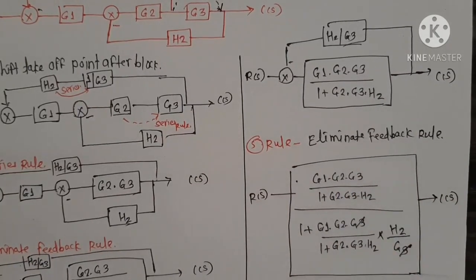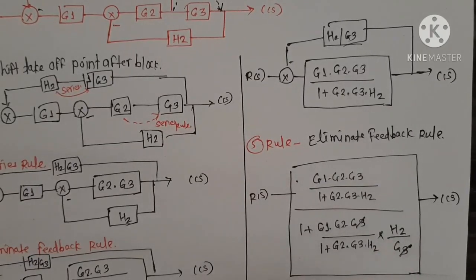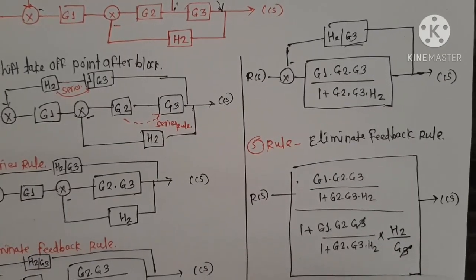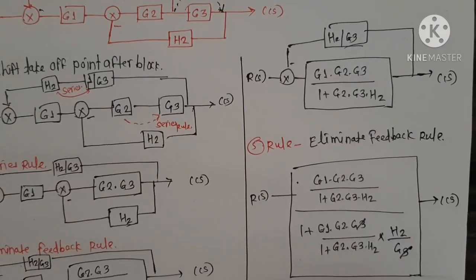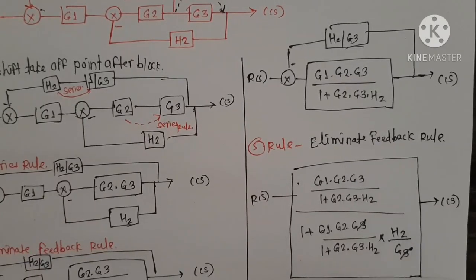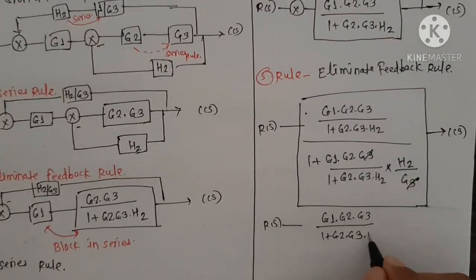G3 gets cancelled. The upper block is the same, G1 G2 G3, over 1 plus G2 G3 H2.